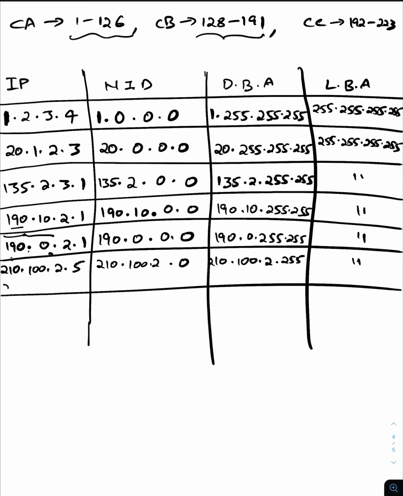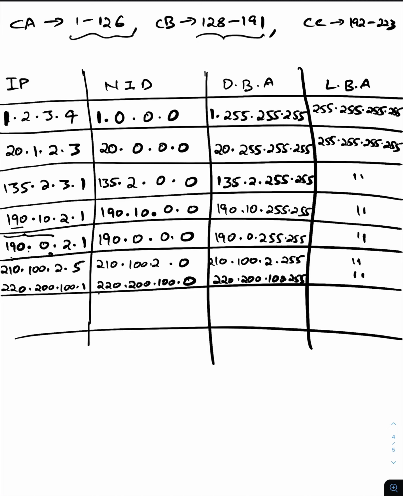One more example, suppose 220.200.100.1, the same thing. The first 24 bits are 220.200.100, so the network is 220.200.100.0, and the direct broadcast address is 220.200.100.255, and the limited broadcast remains the same.